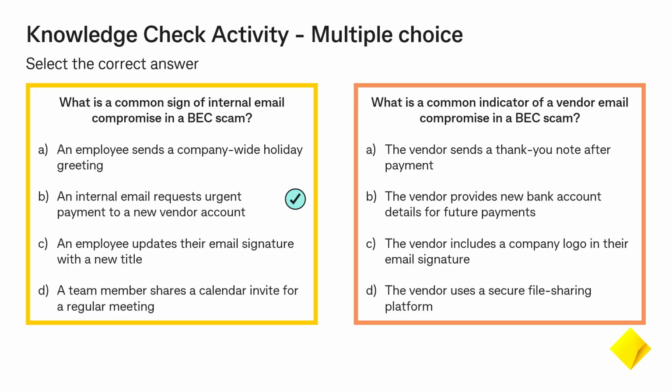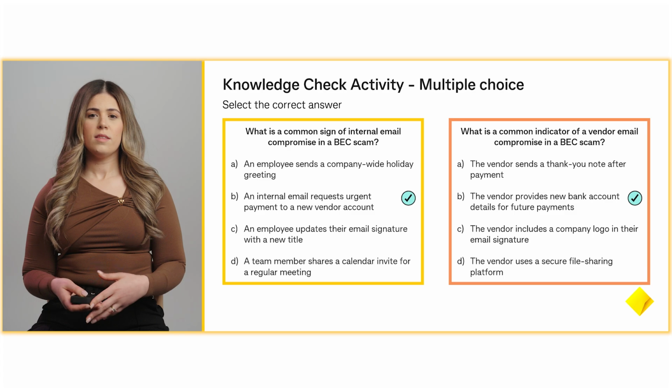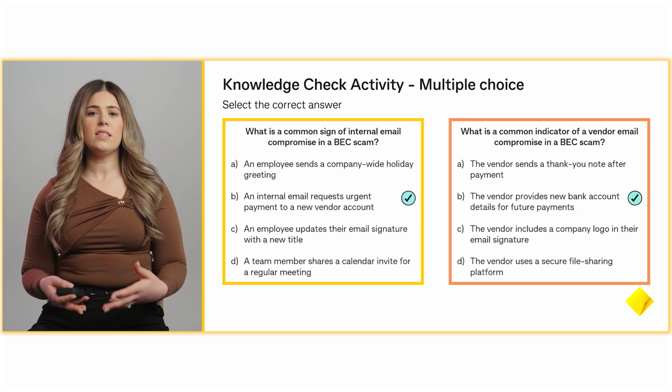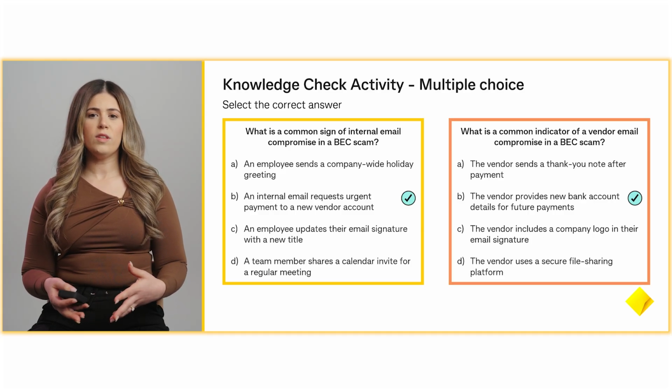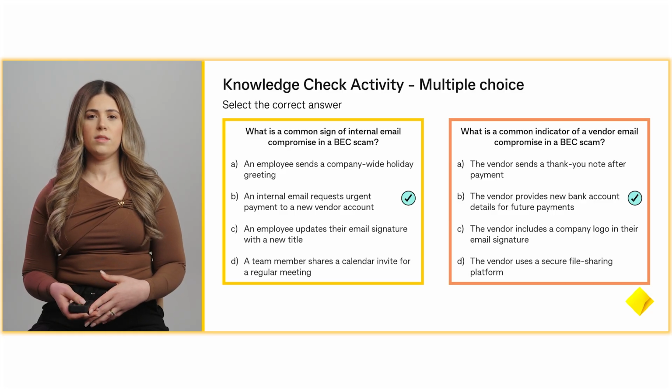Or the vendor uses a secure file sharing platform. The answer is B. A familiar vendor sends an invoice with new account details without clearly stating the change. Always verify directly with the vendor using a trusted number before making any payments.